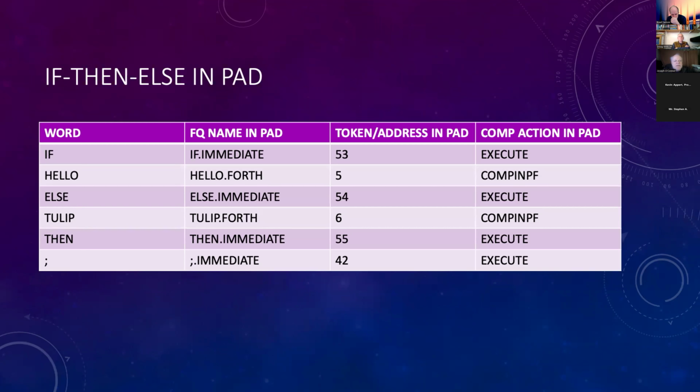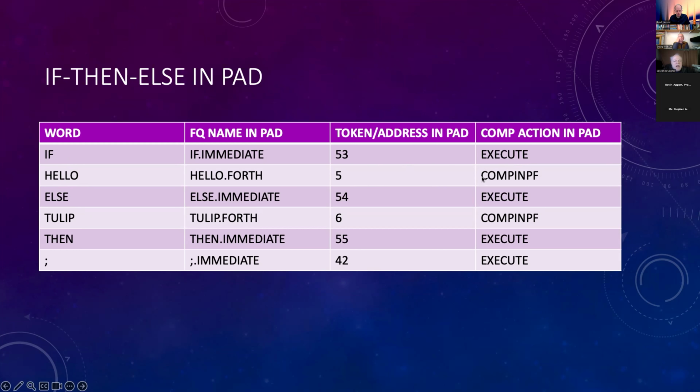So this is if, then, else in pad, or the nearest approximation that I can get. So the fully qualified name, the token address, and the compilation action in pad. If has an execute compilation action because it's an immediate word.